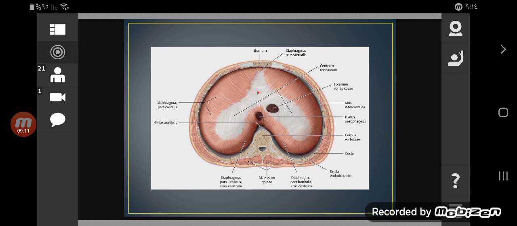Therefore, the tendon of the diaphragm is clover-shaped, with muscular fibers attaching to the center.